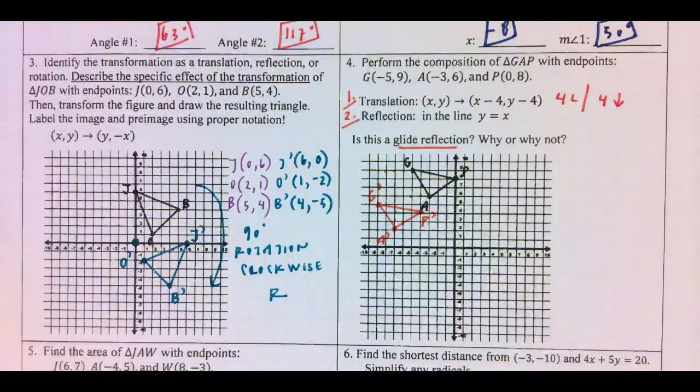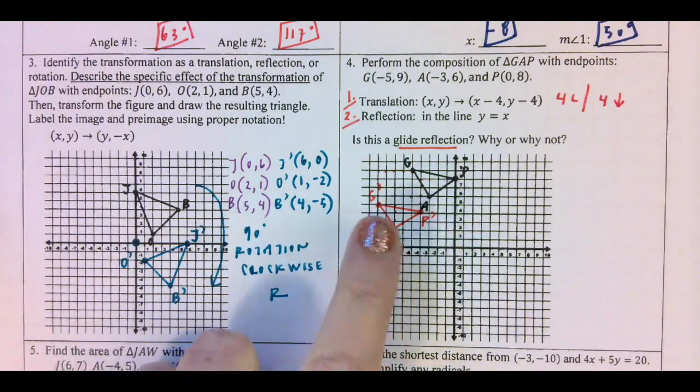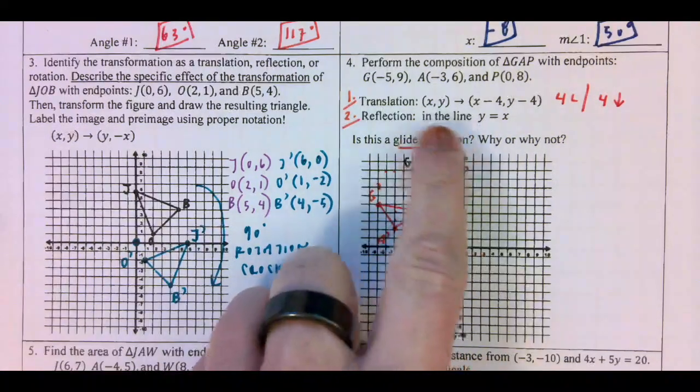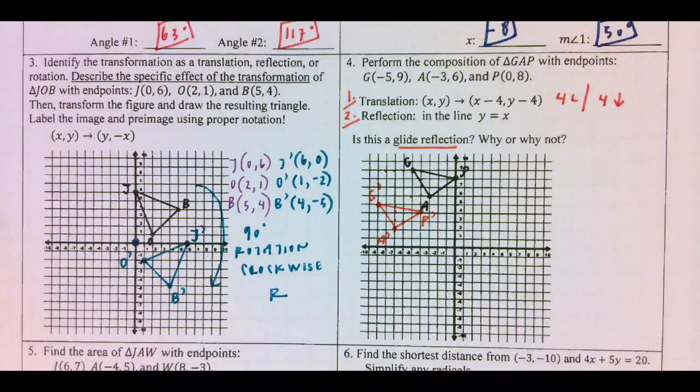And as I'm working through this, I always want to make sure that my figures still look congruent. So with every rigid transformation, our figures are always staying the same size and shape. We're just altering the place and position on the coordinate plane. So now I build off of here the translation, and now I'm going to reflect it across the line y equals x.